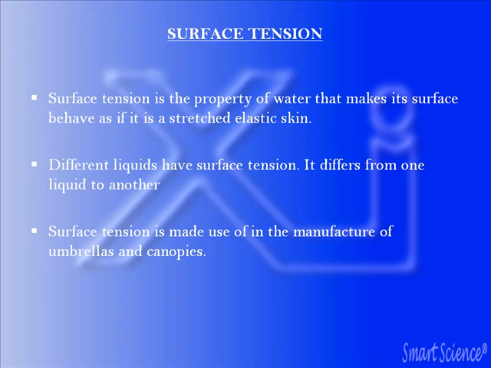The same is applied in canopies. So canopies, although they have tiny holes in them, don't allow the seepage or penetration of water because of the property we call surface tension.